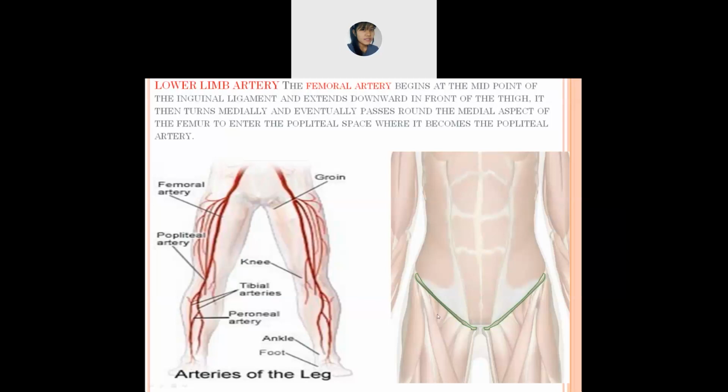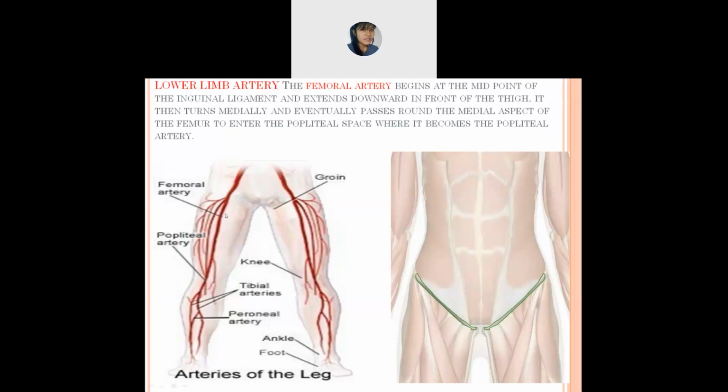Understand? And what happens here? It extends downward in the front of the thigh. So it means they will come down, and ultimately they will reach your thigh portion, that is at the front. This is your thigh, right? So it will be right at the front portion.